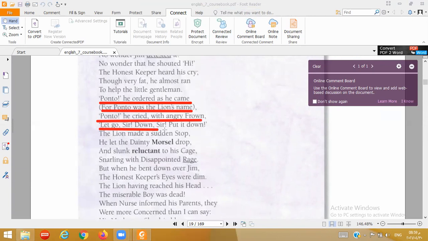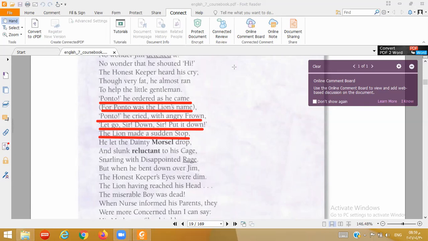"Put it down." The lion made a sudden stop. So here the zookeeper is talking to the lion. He said, "Ponto," with anger, he was really angry and then he frowned. "Let go, sir."